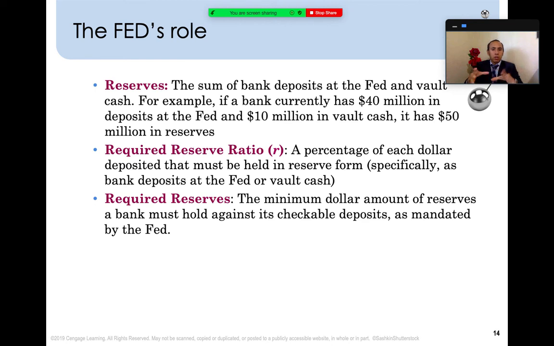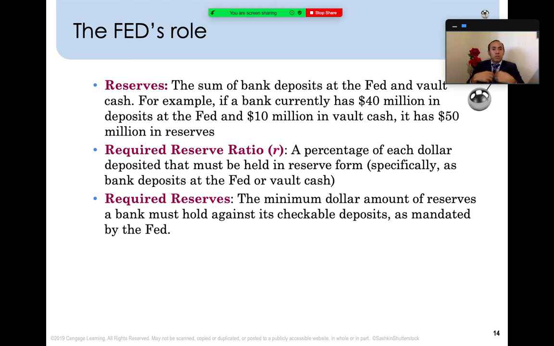For example, if a local bank has $40 million in deposits at the Federal Reserve and $10 million in vault cash, it has a total of $50 million in reserves. With those $50 million in reserves, they can leave it at the Fed for liquidity purposes, meaning good standing, or they can use any extra reserves and start lending at the local level.